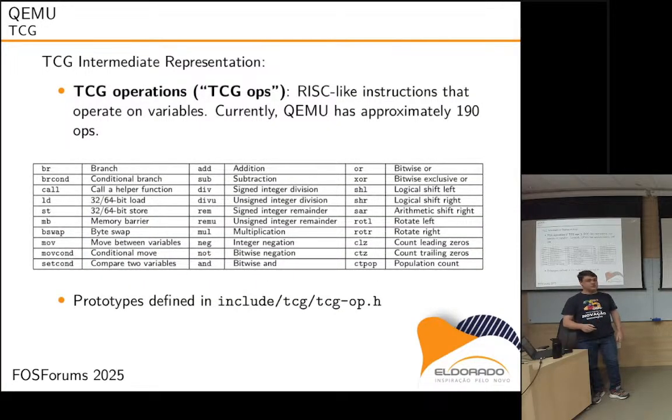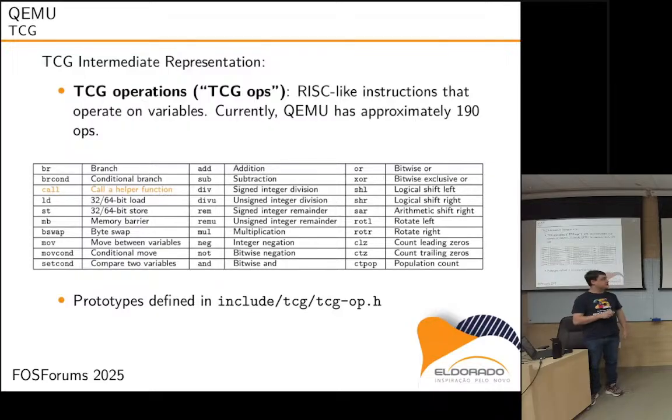Here's an example of some of the TCG operations. It is a RISC-like architecture that contains more than 190 instructions right now. So we have conditionals, unconditional branches, conditional branches, loads and stores, byte swap, move conditional, multiplication, and logical operations. And in this header is where the methods that generate those operations are defined.